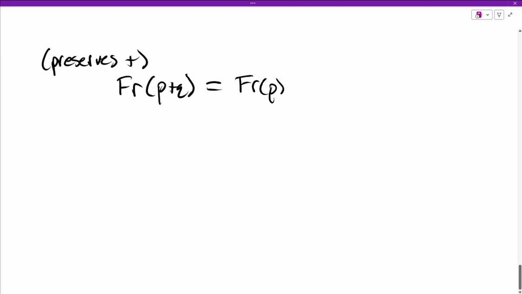Okay, so let's see if we can check it's a homomorphism. So now let's do our checks. Let's look at preserves addition. So what we need to check is that Frobenius of P plus Q is Frobenius of P plus Frobenius of Q. And if you don't like the name Frobenius, that's okay. You can call it whatever you want. So what is the Frobenius function on this ring? It says, hey, whatever you plug in, I'm going to square it. So we plug in a P plus Q, we're going to square it. And on the right-hand side, we plug in a P, we're going to square it.